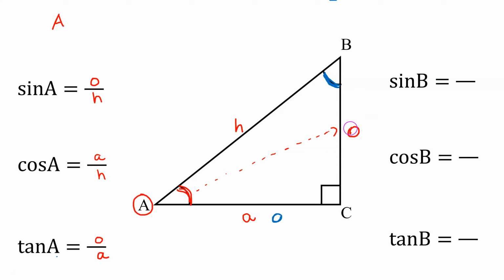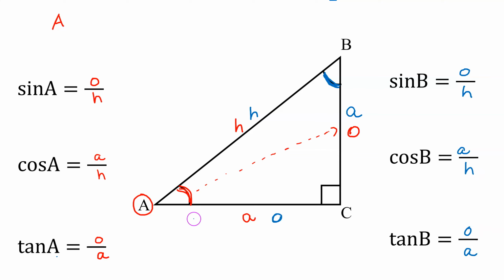This was the opposite side for angle A, but it's the adjacent side for angle B. And then this is still the hypotenuse. So the sine of B is opposite over hypotenuse. The formula looks the same, but when you see how it's labeled, opposite for angle A is here, and opposite side for angle B is here. For cosine, it's adjacent over hypotenuse, and then tangent is opposite side over adjacent side.